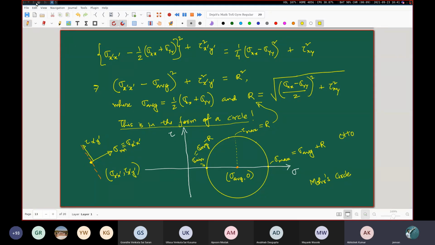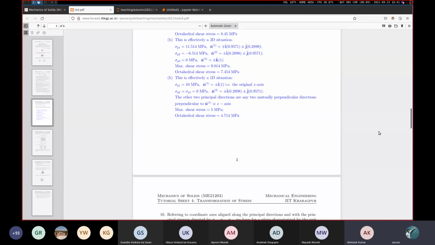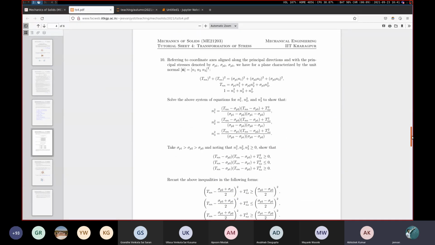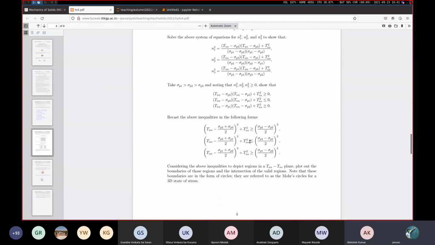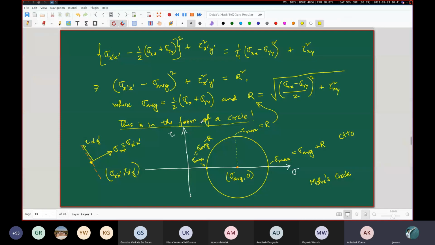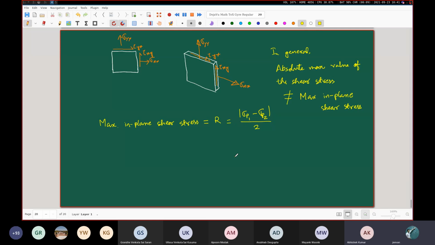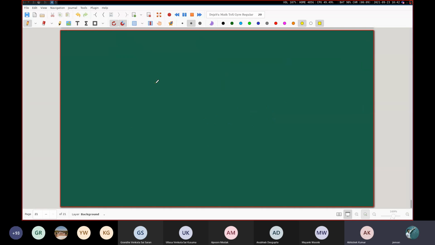But now, when we are talking about the three-dimensional state of stress, we are not talking about an equality. Rather, we are talking about three inequalities. The implication of this is that when we are talking about the three-dimensional state of stress, what you really obtain is something like this. You actually obtain, and let me draw this thing properly, three circles.